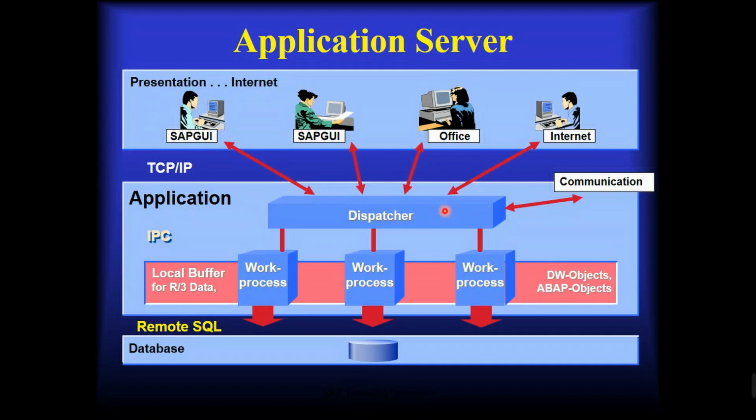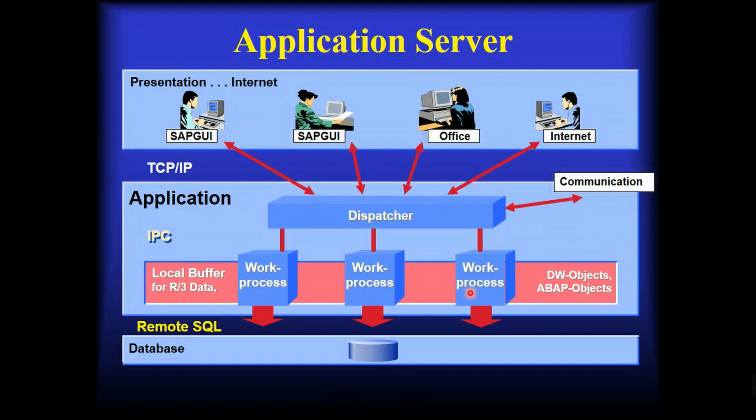Once that has been decided, it will come to the database layer, the database server. After the work process decides what type of task this is, it will come to the database server. Here, if the request is already there in the database buffer, then the output will be generated from the buffer itself through the presentation server.